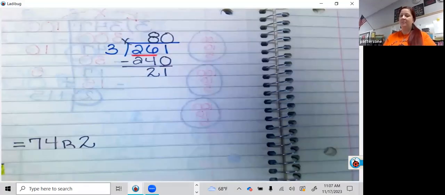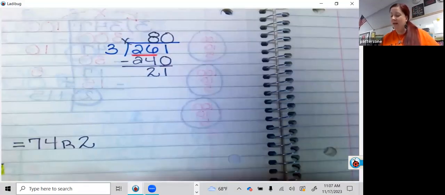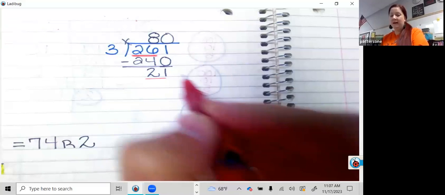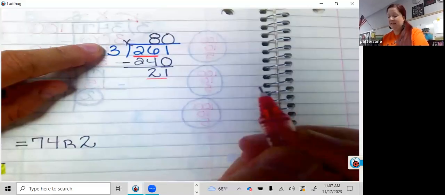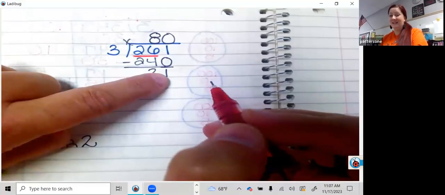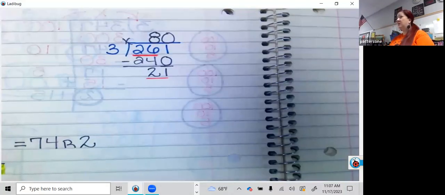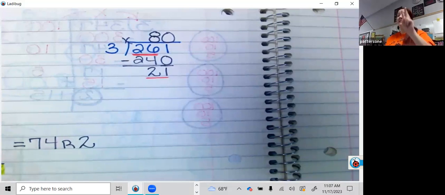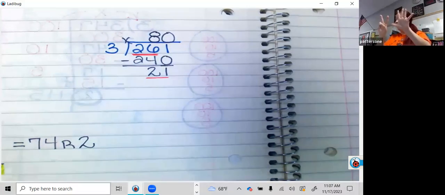Now the question has to be, what am I counting by every time? How many 3s can I get out of 21? Is it 21 tens? No, it's just 21, right? So let's count by 3s. 3, 6, 9, 12, 15, 18, 21. Stop right there. We are dead on it.